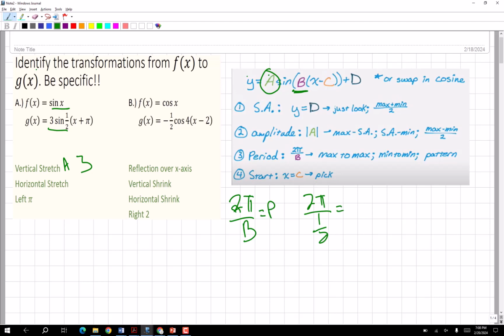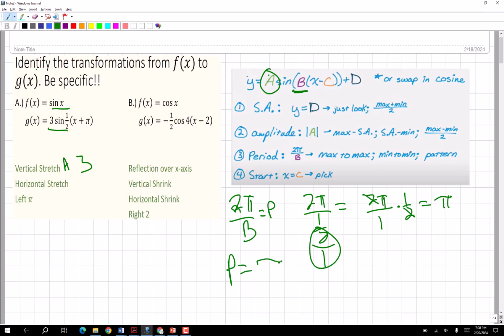So I'm going to invert and multiply. So that's going to be 2 pi times 2 over 1, no, times 1 over 2 inverted, and it's just pi.